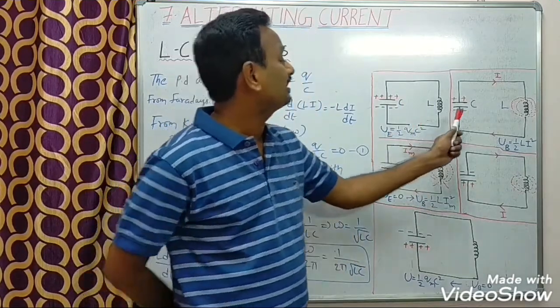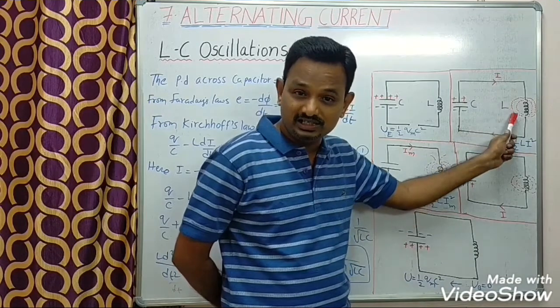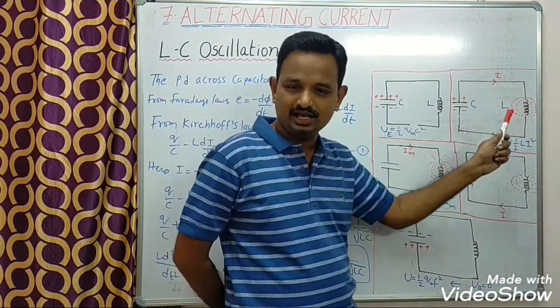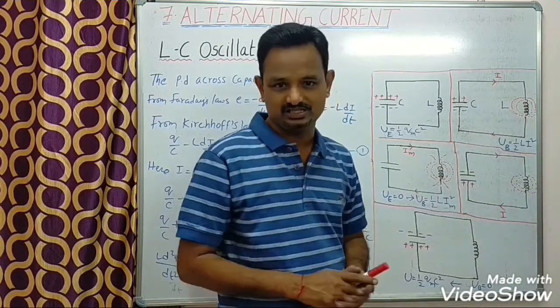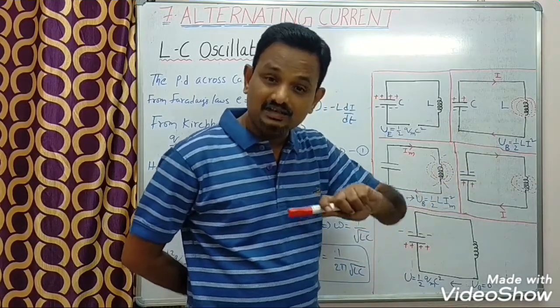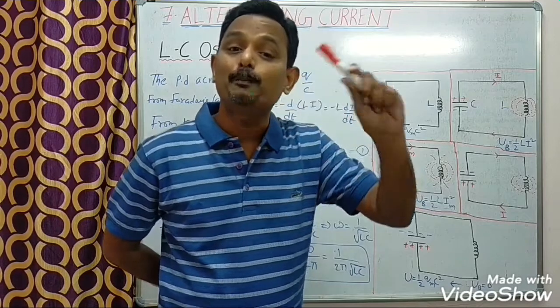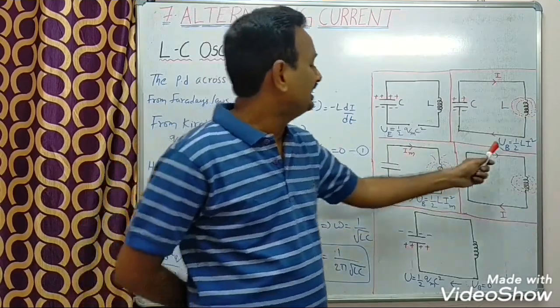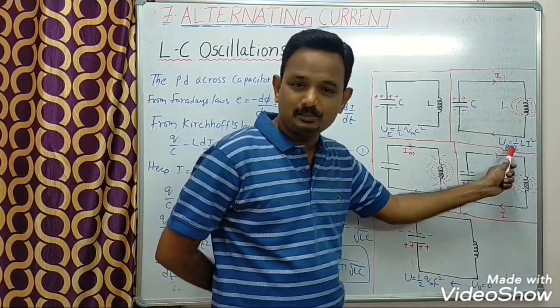Now here the capacitor is connected to the inductor in a closed circuit. There will be discharging of charge. So here electrical energy will be converted into magnetic energy. That is UB. UB means magnetic energy.